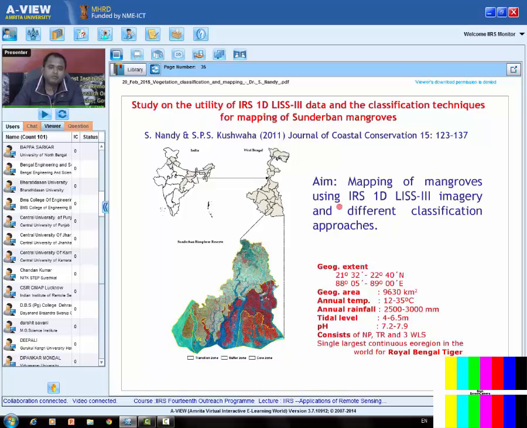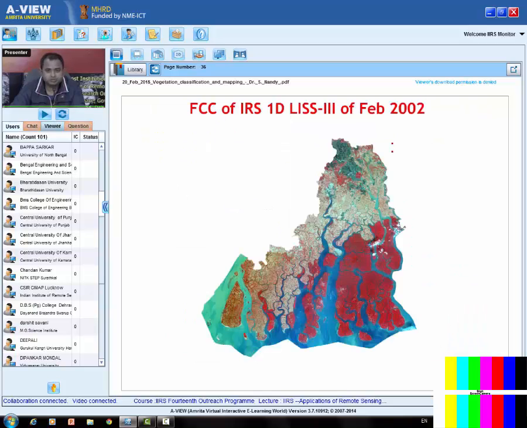The main aim was to map the mangroves of this area using IRS 1D LISS-3. The basic requirement first is that I should order data, at least February, let's say February-March data. Then I should make a methodology and a classification scheme and start interpreting. The data used is IRS 1D LISS data of 2002.